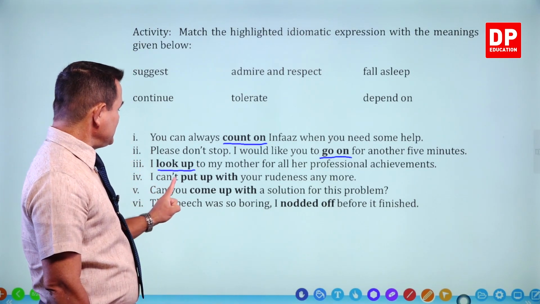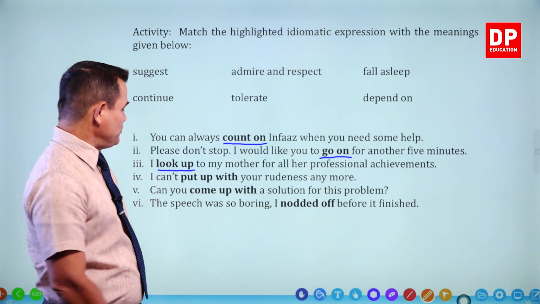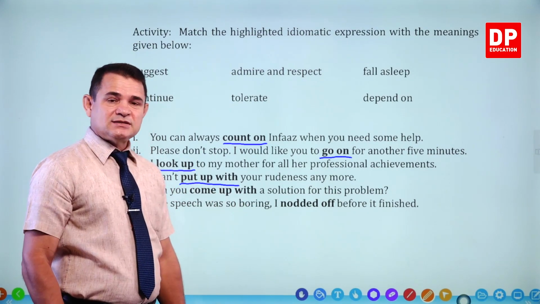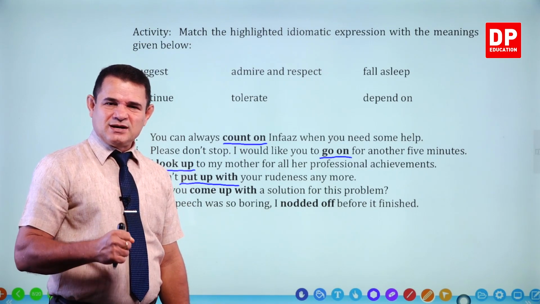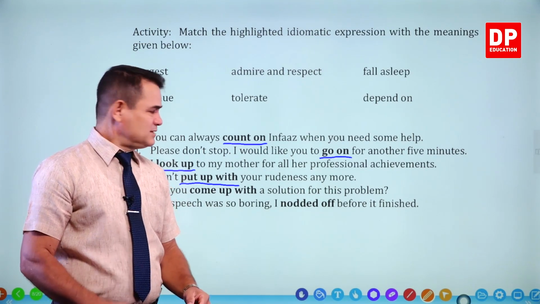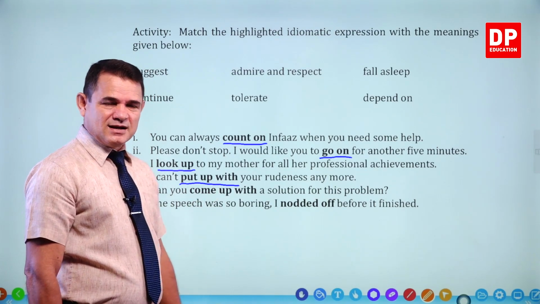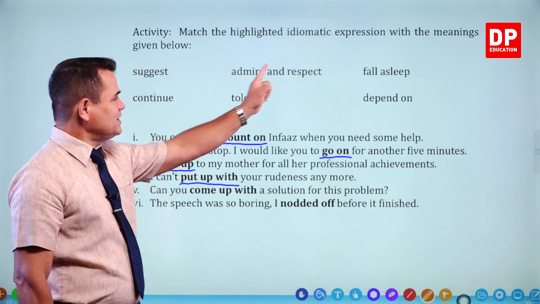And I can't put up with your rudeness anymore. Put up with. Rudeness means being rude, a nasty nature. I can't put up with your nasty nature anymore, I can't bear it, I can't tolerate it. So find the meaning.